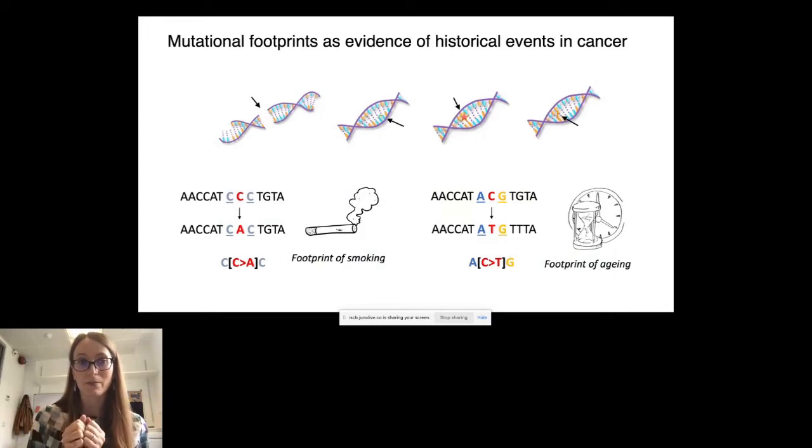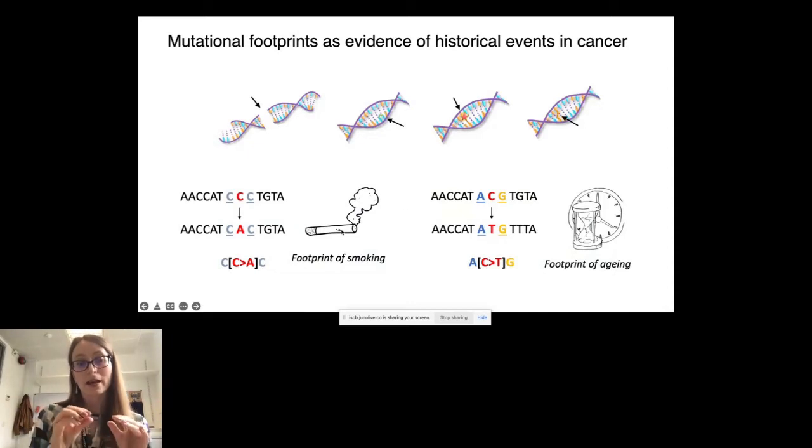So very similarly, we can see mutational footprints if we sequence genomes of different cells in cancer cells, and not only. This is because different risk factors that are acting on these cells and are damaging the DNA do leave a footprint behind. Most of them, not all of them, but at least some of them do leave a footprint.